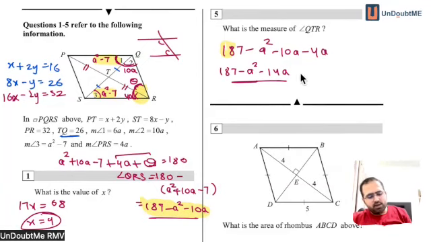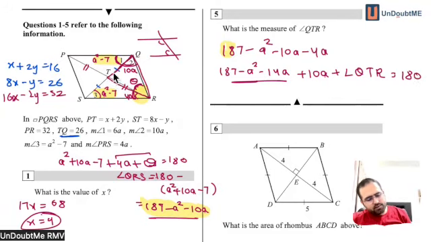Plus 10a plus angle QTR is equal to 180. Look in the triangle QTR, and see how it is written. First, we got the value of theta. After getting the value of theta, we are just using angle sum property. That's it.